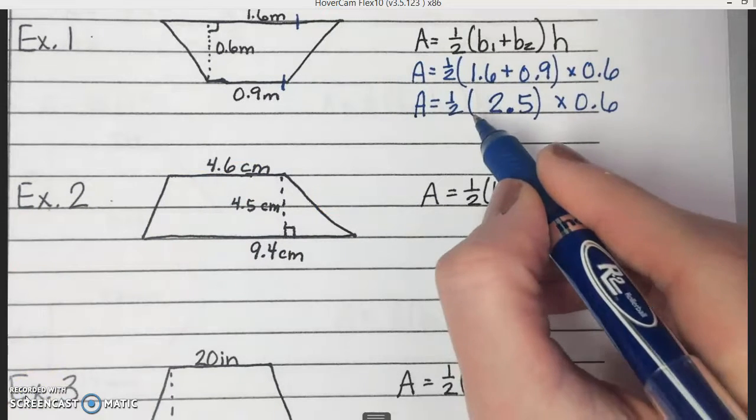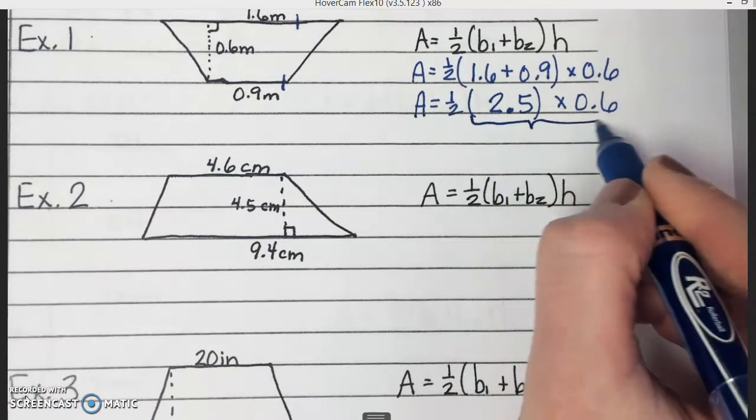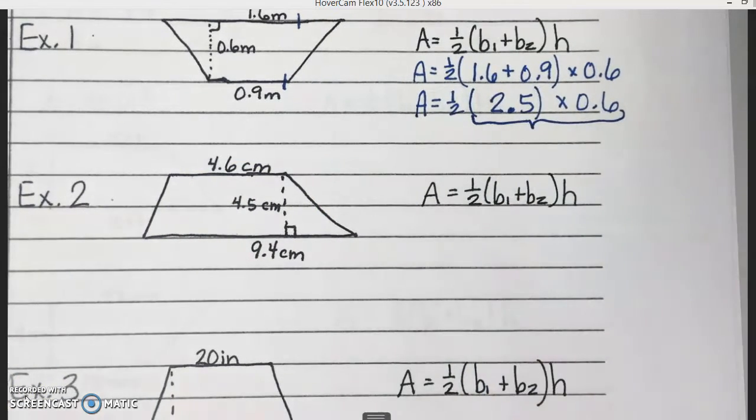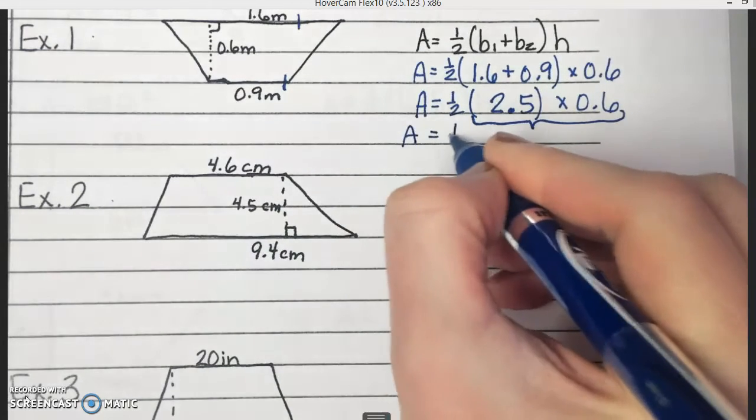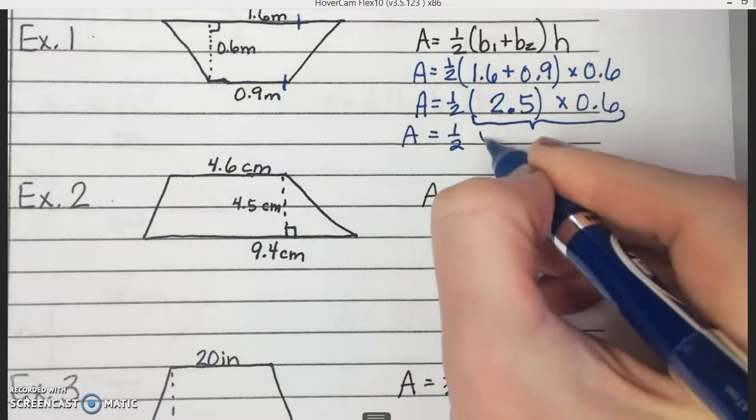So now I'm going to go ahead and take the 2.5 and multiply times 0.6. And you get 1.5.